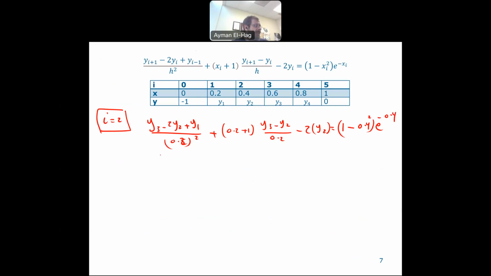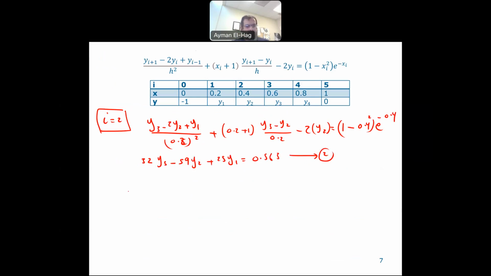Now let's arrange terms here. We get 32 y3 minus 59 y2 plus 25 y1 is equal to 0.563, and this is my second equation.